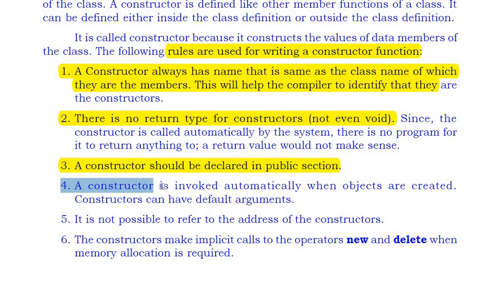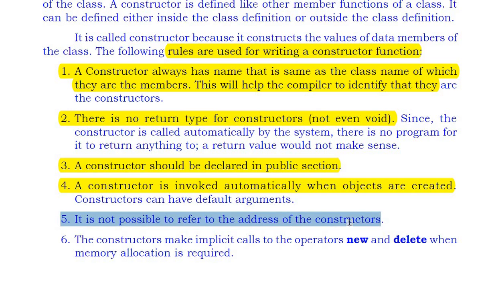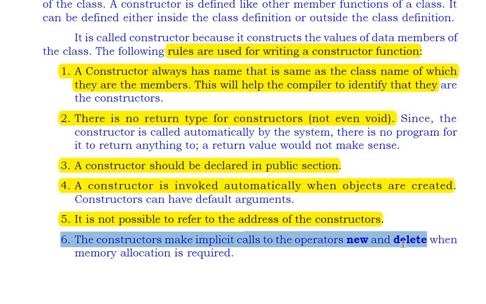Next, fourth point, a constructor is invoked automatically when objects are created. Invoking means calling. Next, it is not possible to refer to the address of a constructor. Next, constructors make implicit, meaning automatic, calls to the operators new and delete.